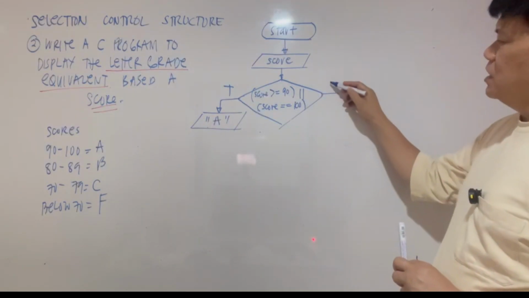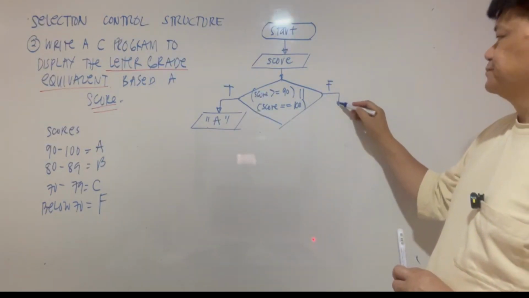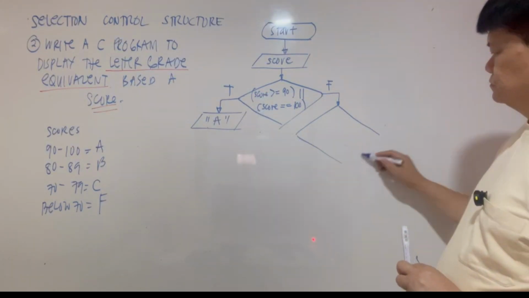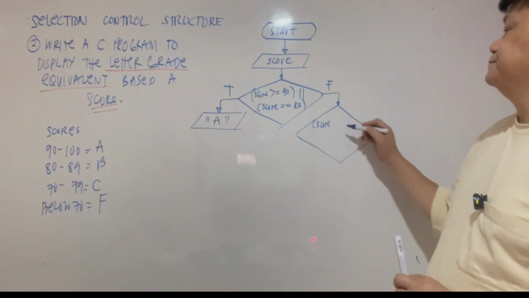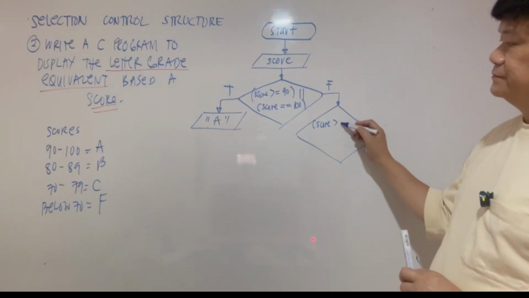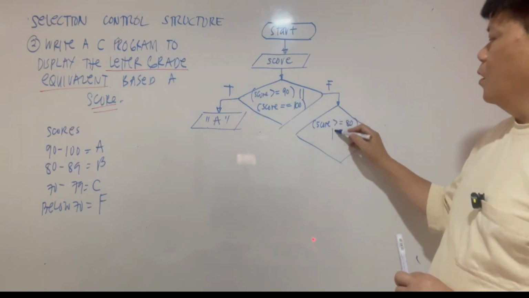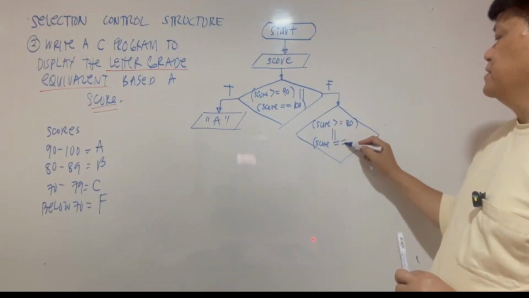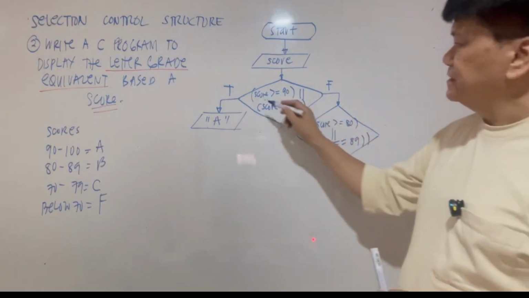If it is false, then we do the testing again. Let's say score is greater than or equal to 80, or score is equal to 89. Then we enclose this by parentheses.